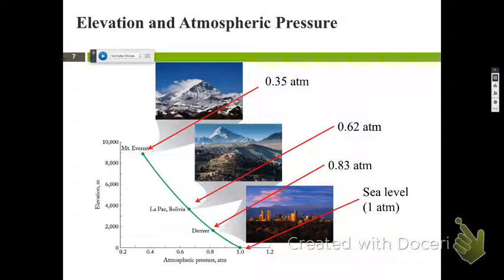Is it because you're further away from gravitational pull? The gravity isn't going to change very much. From the center of the Earth to the surface of the Earth versus the top of Everest, there's a very small distance change. But the atmosphere is incredibly thin around the Earth. What keeps it closer to the surface?